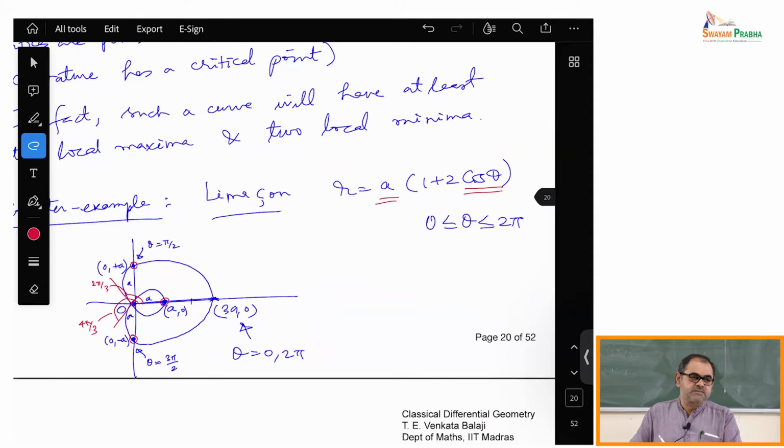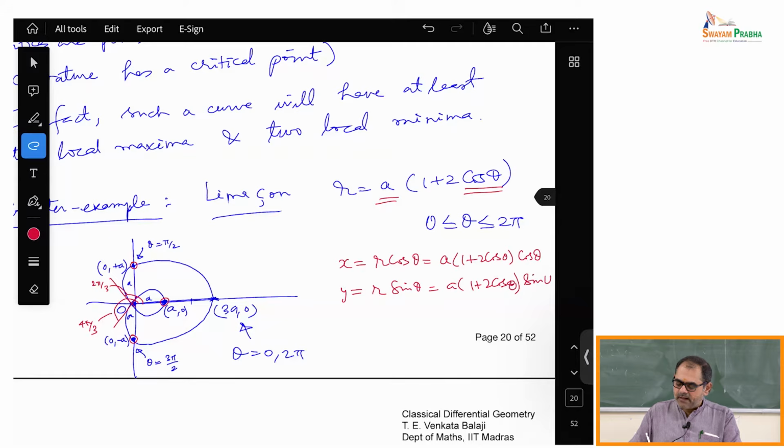So the only way this should be interpreted is that you have to write the x and y coordinates. So your x is r cos theta, so it's going to be a into 1 plus 2 cos theta into cos theta, and y is r sin theta, which is a into 1 plus 2 cos theta into sin theta.